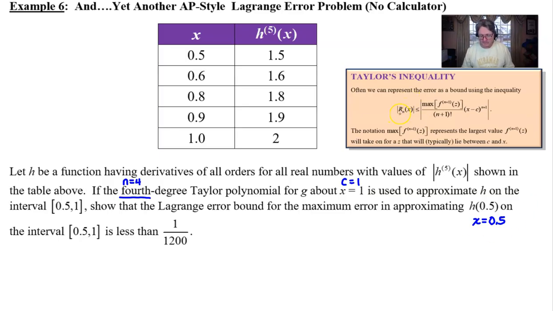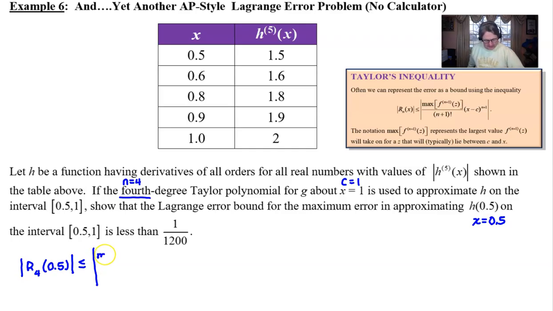We can just start from the left side of that inequality, which is the absolute value of R sub 4 evaluated at 1/2. That's our error that we're looking for. And so we say that that is less than or equal to another quite hefty absolute value.